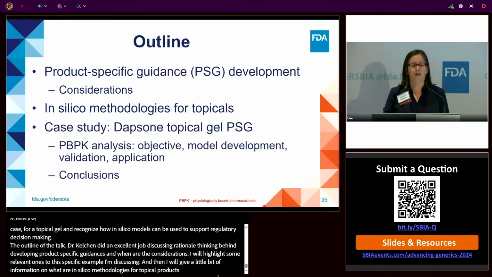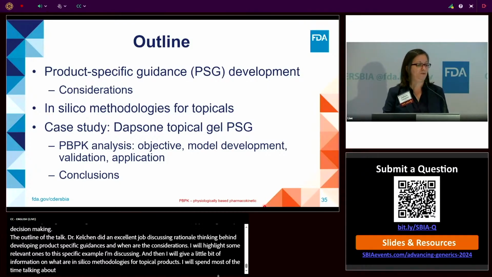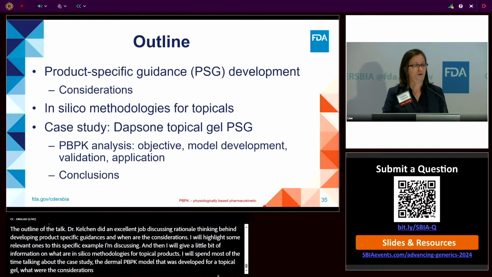I will spend most of the time talking about the case study, a dermal PBPK model that was developed for Dapsone topical gel, 7.5 and 5%. What were the considerations that went into the development, validation, and the application of the model?